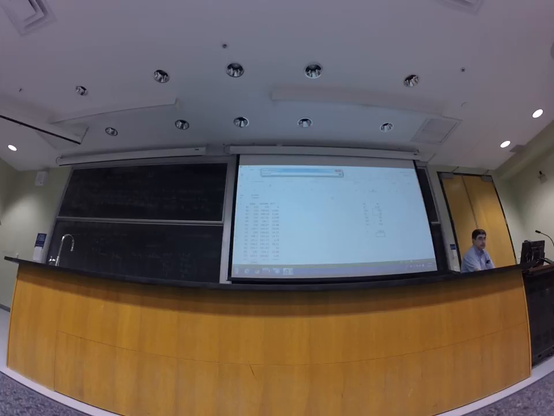I don't have any constraints. They are non-negative, but I don't need that constraint. If I did, I would add it as a constraint here. So I'll remove the non-negative option just to get the habit of it, and click solve.